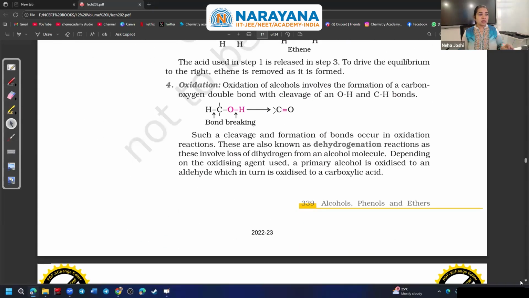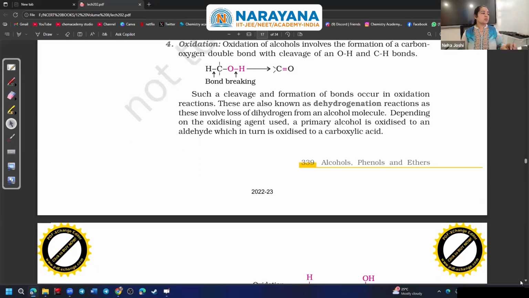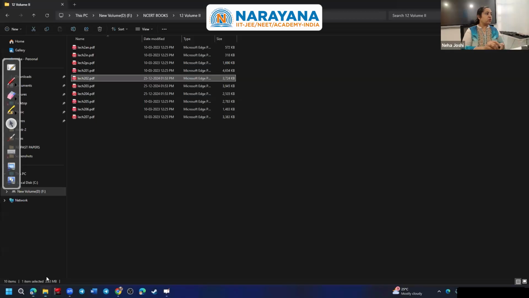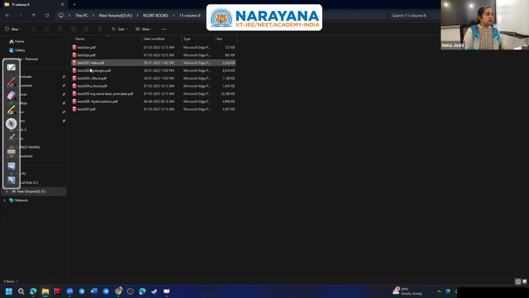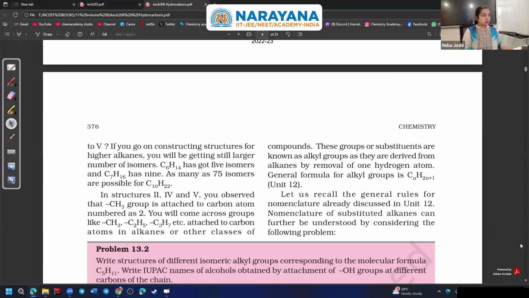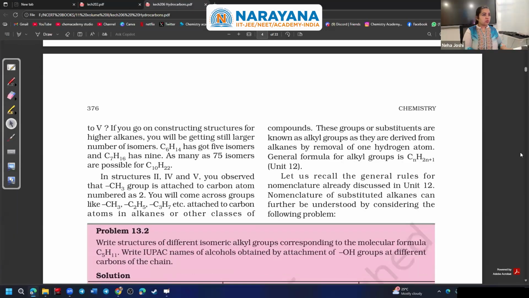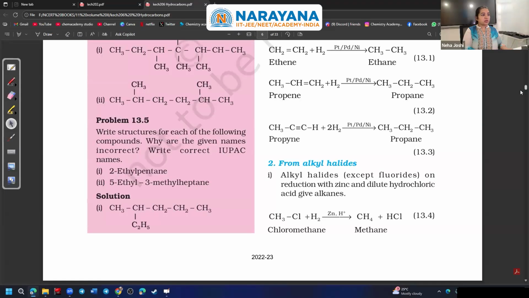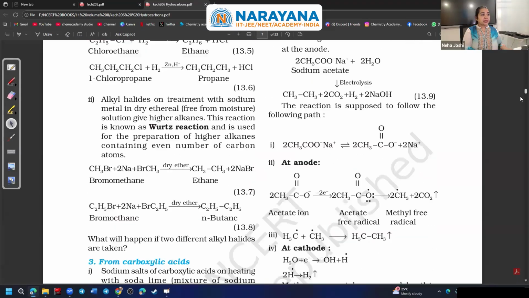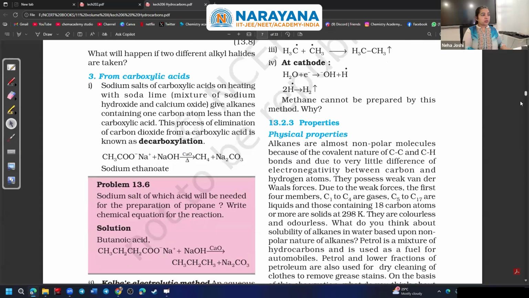Let us go to NCERT and see what they have written. Oxidation of alcohols, they have mentioned. This is, sorry, I have to go to the 11th NCERT. This is the 12th. Let me open the 11th NCERT, because there they will show how to report the oxidation product exactly, so that you make no errors.